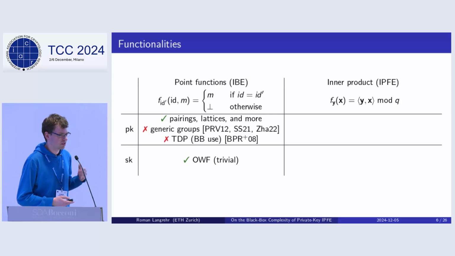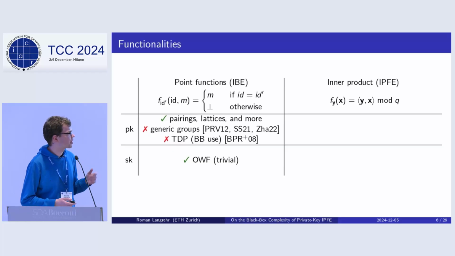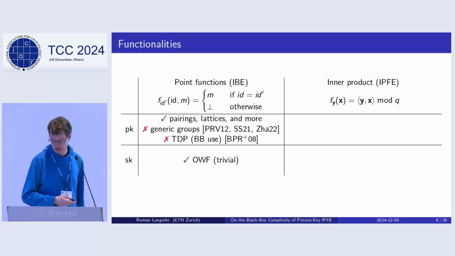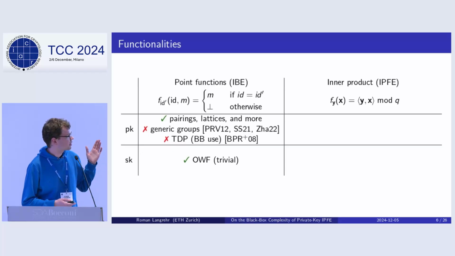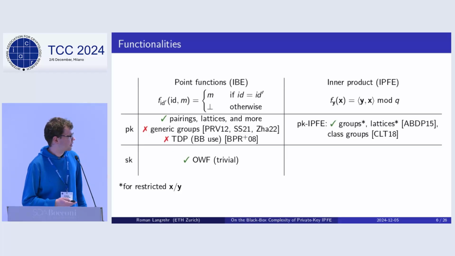Now we want to answer whether that also happens for inner product functional encryption. In inner product functional encryption, the messages are vectors, functions are described by vectors, and the functionality is that you get the inner product. Again, in the public key setting, this is a very well-studied class of functions for FE, and we have constructions from groups, lattices, and class groups.